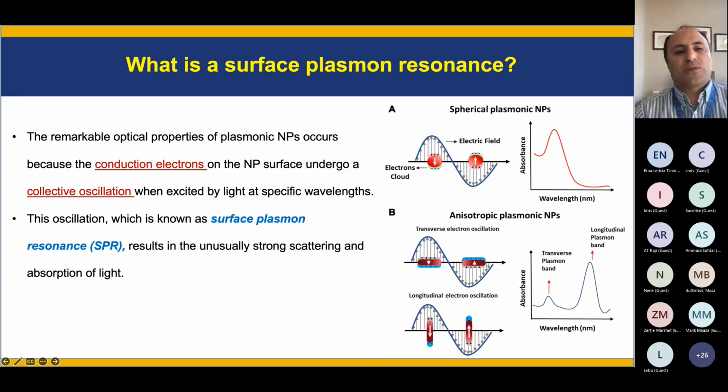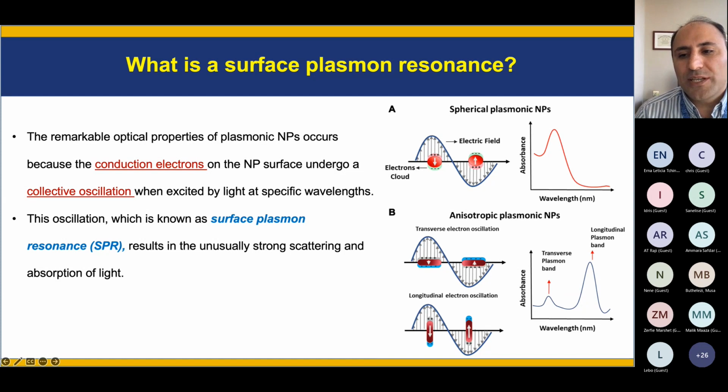It's surface plasmon resonance, or SPR, that is the vibration of conduction electrons, and it depends on the shape of the particles. If we have a spherical gold nanoparticle, we have one SPR peak, and if we have a rod shaped nanoparticle, we have two peaks for SPR, for transversal and longitudinal oscillation.